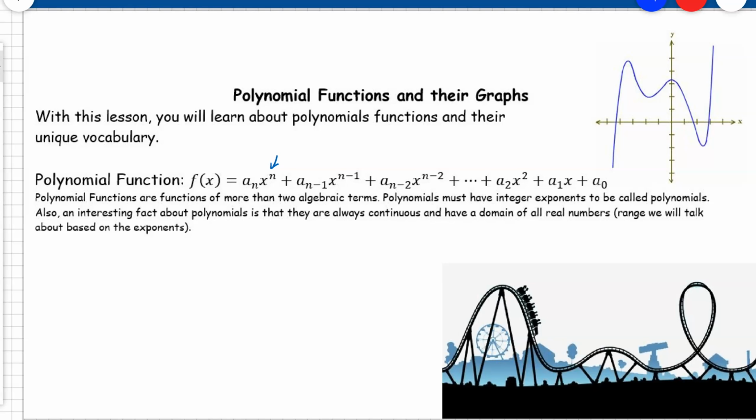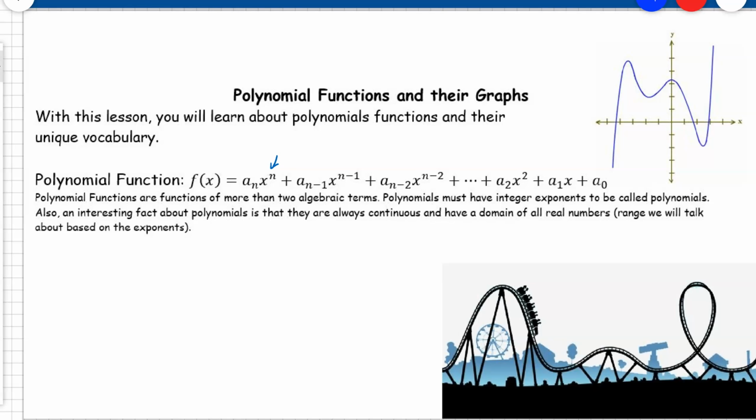Okay, these n values, that's just the leading coefficient or the leading degree. So polynomial functions are functions of more than 2 algebraic terms. Polynomials must have integer exponents to be called polynomials.